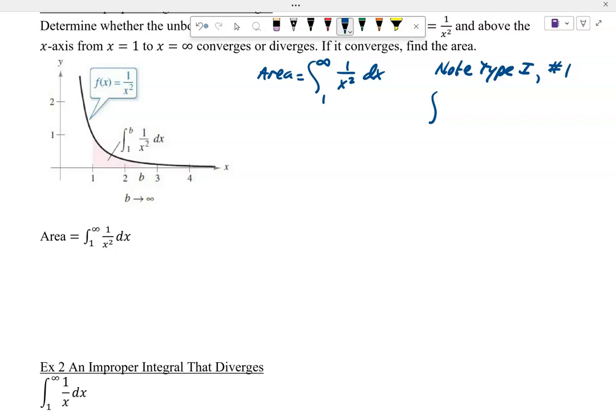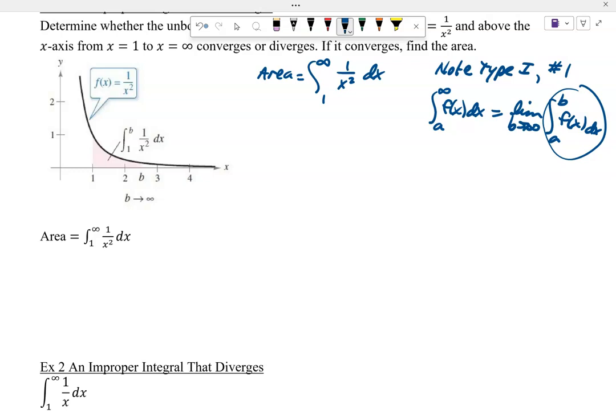That one says that if I go from a to infinity of my function, it's equal to the limit as b goes to infinity of the integral from a to b. And so I can apply the fundamental theorem of calculus on this part right here, as long as I run the limit as b goes to infinity on that.